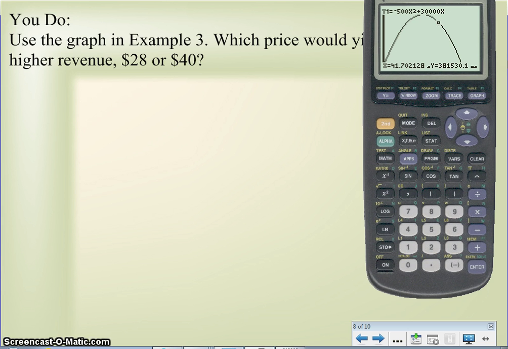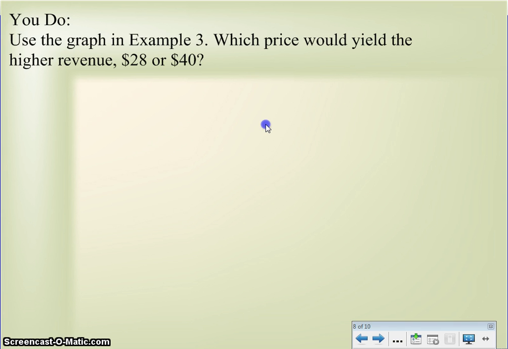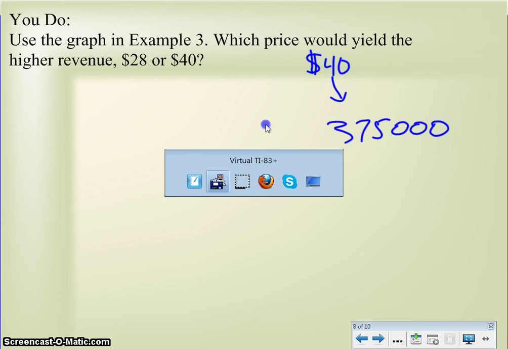Somewhere in there, if you look at that y of 381,000 to 372,000, I'm looking at a profit of around $375,000. I kind of cut the difference between when the price point is at $40.